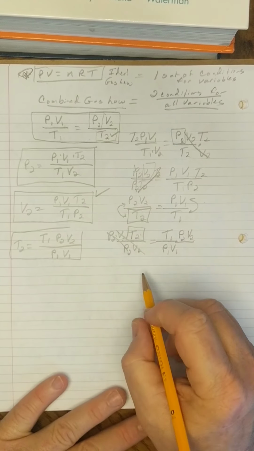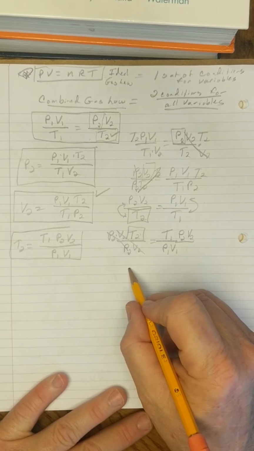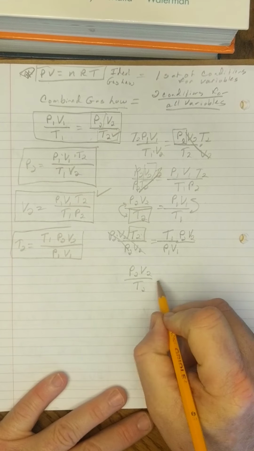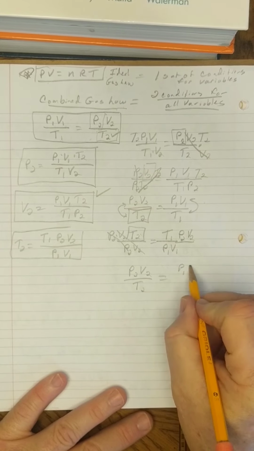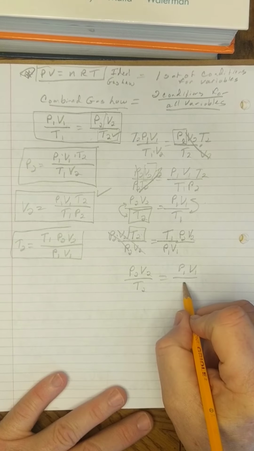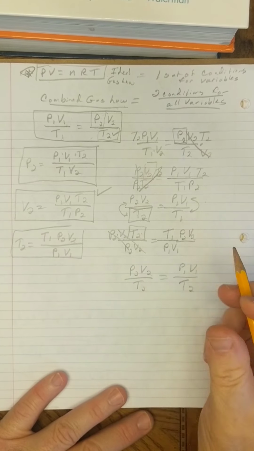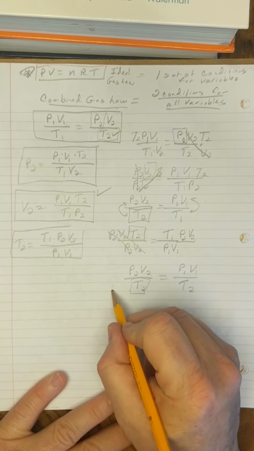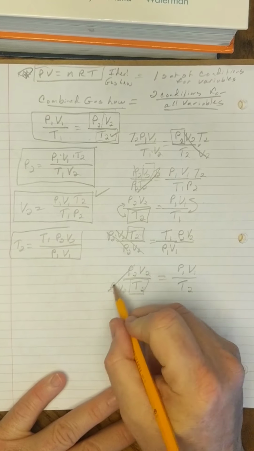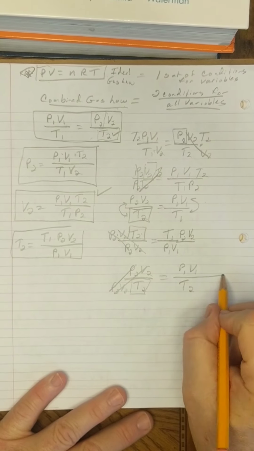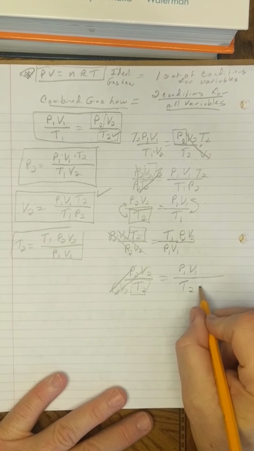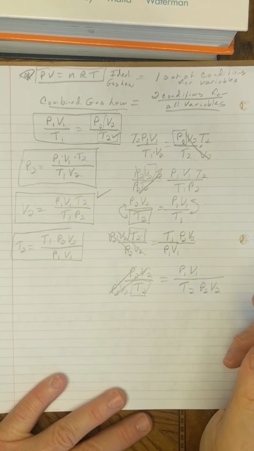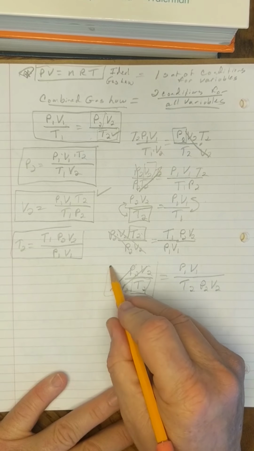Now, just to show you what a lot of students do wrong, if I started with the combined gas law, and this is kind of lazy algebra, a lot of students will go, oh, here's T2, I need to solve for that, and they'll say divide by P2V2. And then they'll incorrectly say, there's my answer, which is wrong, because what does this equal?